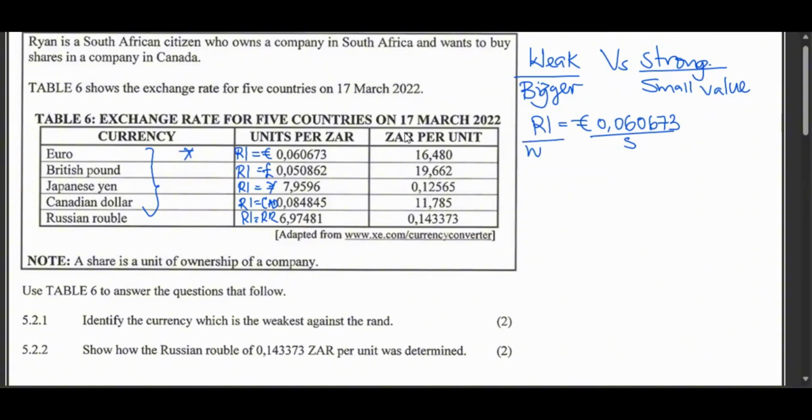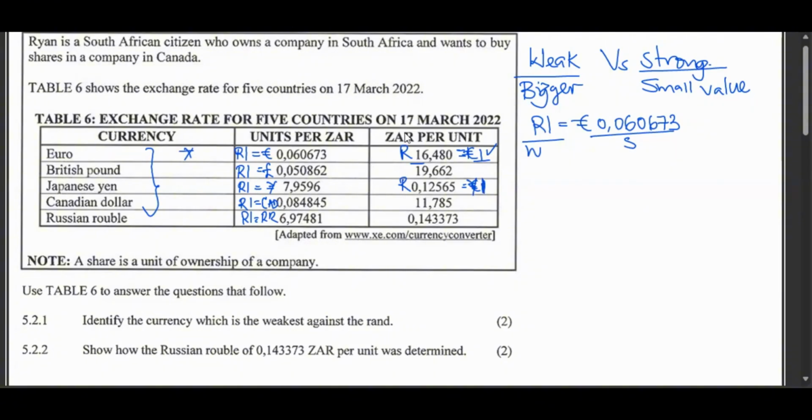The other way around, look at it here. This is ZAR per unit, simply meaning these are all rands. But here you get 16 rands for only 1 euro. So you see, the euro is strong. Why? This is 1, yet this is 16. So let's come down and we say these are rands for 1 Japanese yen.